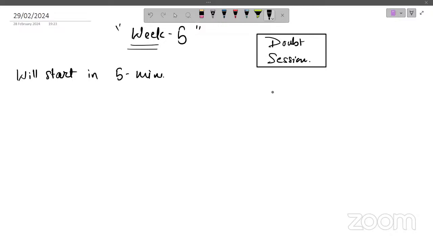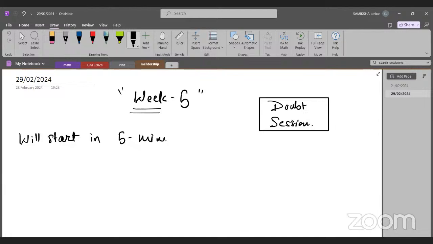It's about activity question 5.8. Okay. In 5.8, which question?